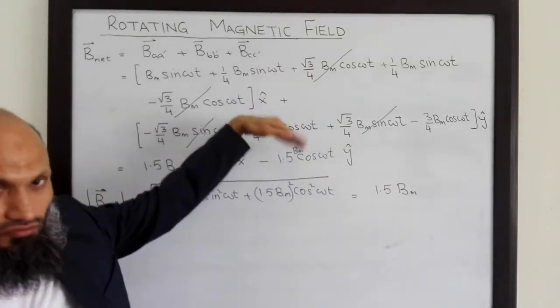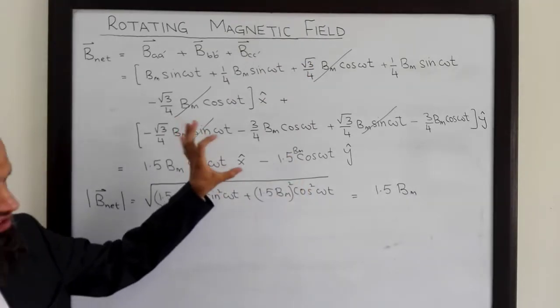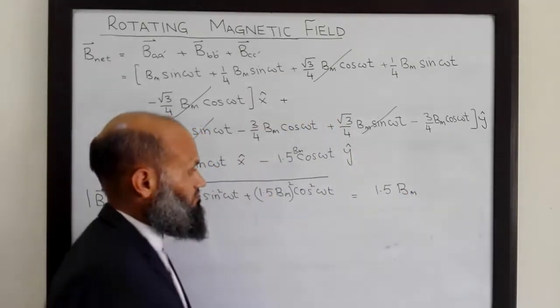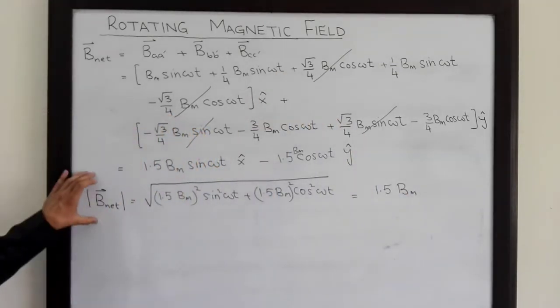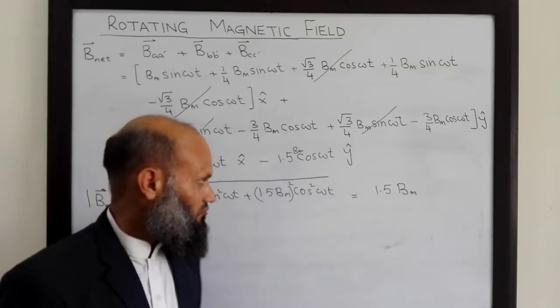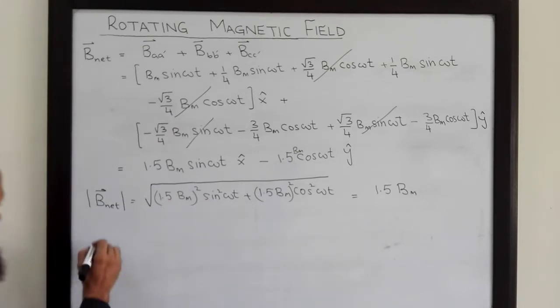Over here we have proceeded in a very general way. We are not taking discrete time instants. That is true for all time instants t. So magnitude of the resultant flux density vector is always 1.5 Vm. What about the angle of the resultant flux density vector?